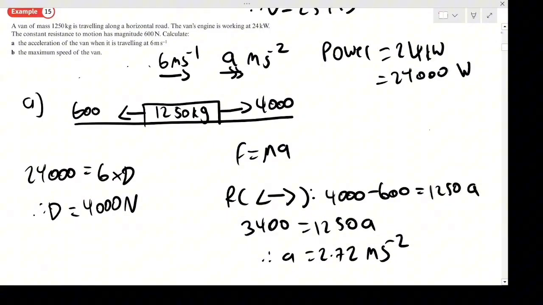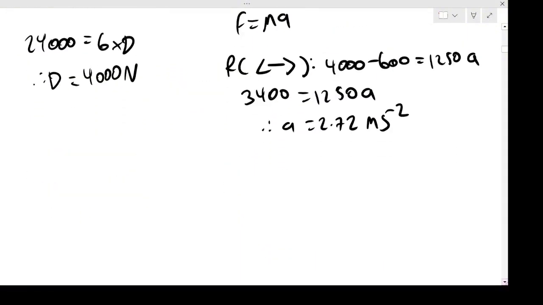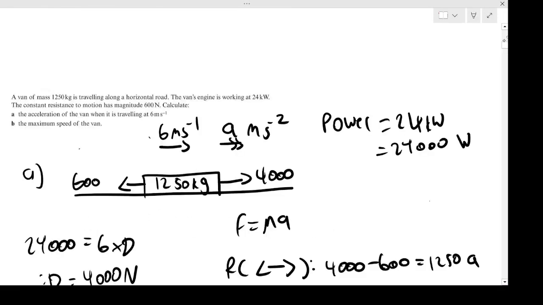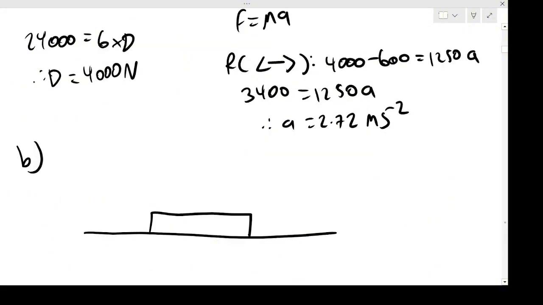Now in part B, it's asking us to find the maximum speed of the van. So if I draw this new situation, I've got my van. Again, it will have the same mass, 1250 kilograms.